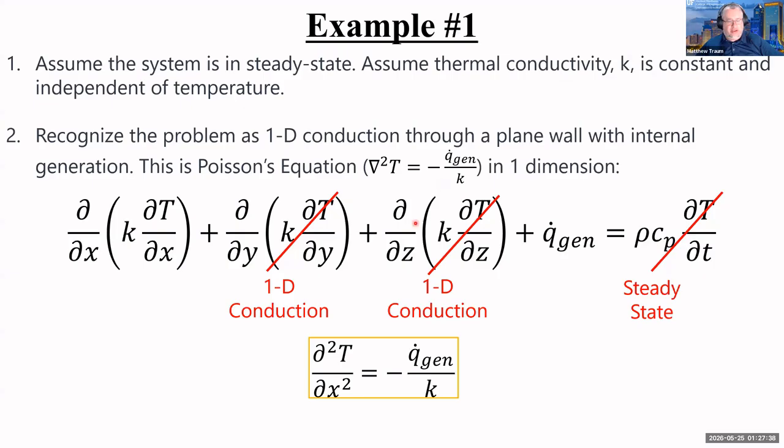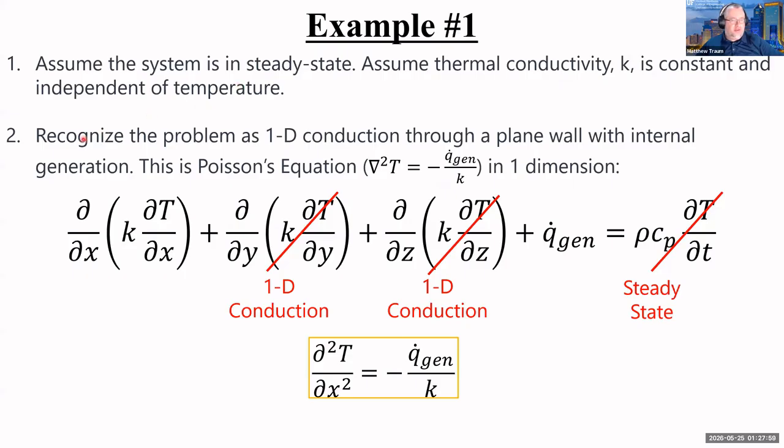Constant thermal conductivity allows me to pull these K values out of the derivatives, and they sit out in front of the derivatives because they're constant. And then assuming the system is in steady state allows me to eliminate the time derivative term, the energy accumulation term, so there's no energy accumulation in the system.